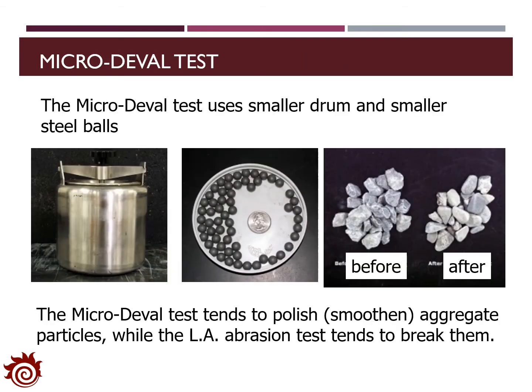Micro-Deval test is another abrasion test to measure the aggregate toughness and abrasion resistance. Different from the LA abrasion test, the Micro-Deval test will use a much smaller drum and smaller steel balls. In general, the Micro-Deval test is applied to polish the aggregate particles, while the LA abrasion test will try to break these particles.